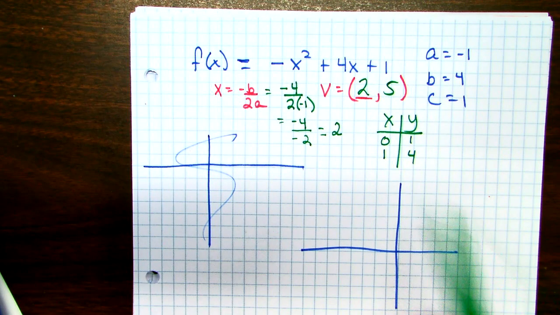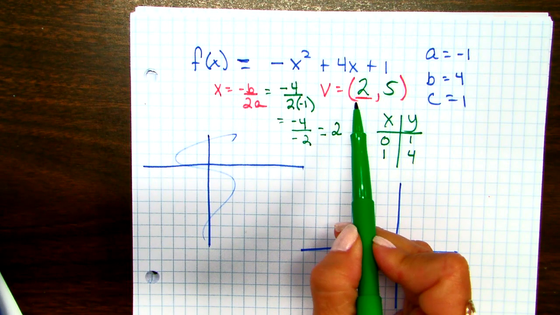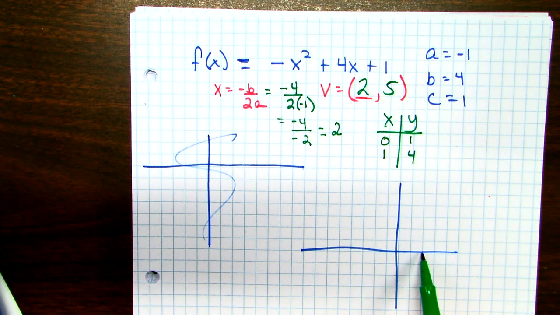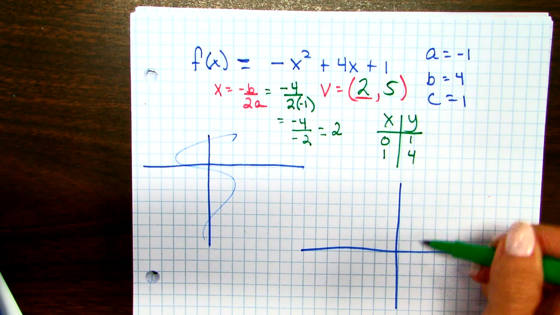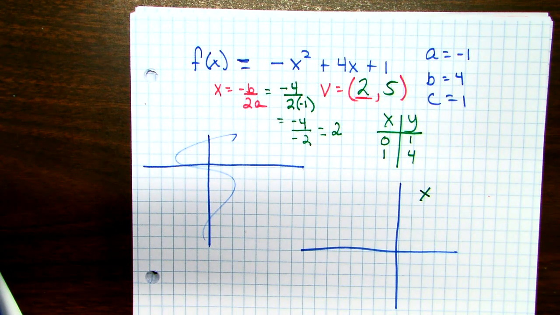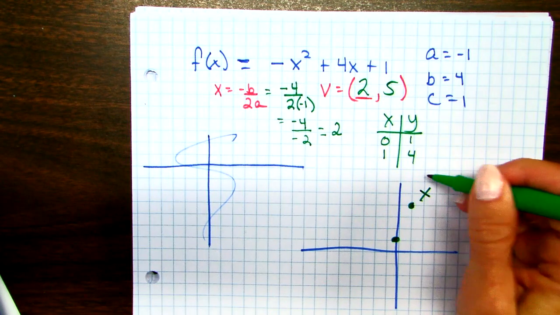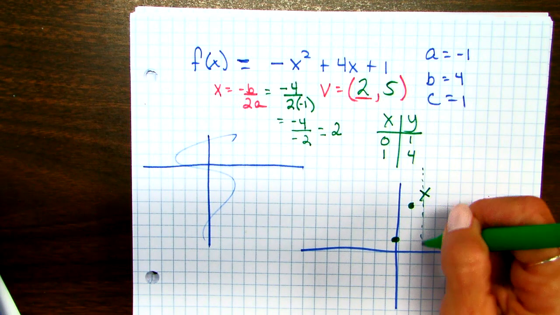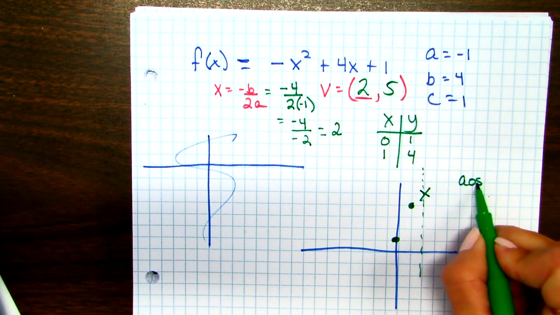Okay, so my vertex, always start with the vertex, guys. Right 2, up 5, 1, 2, 3, 4, 5. So there's my vertex. Then I have 2 points, 0, 1 and 1, 4. You have an axis of symmetry that goes right through.